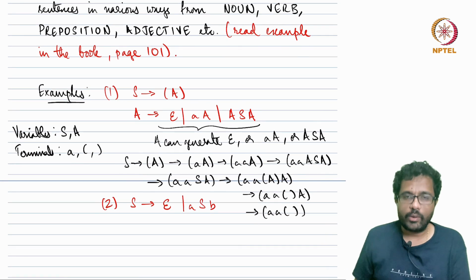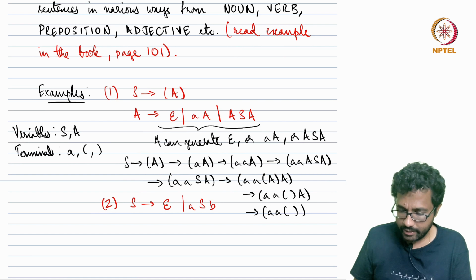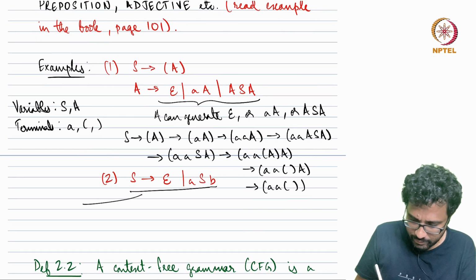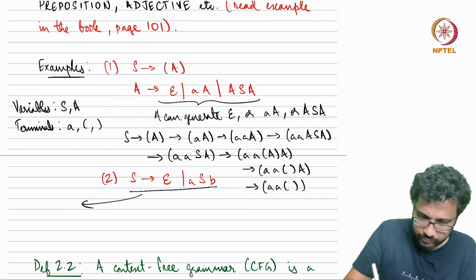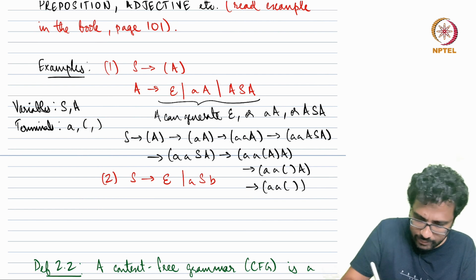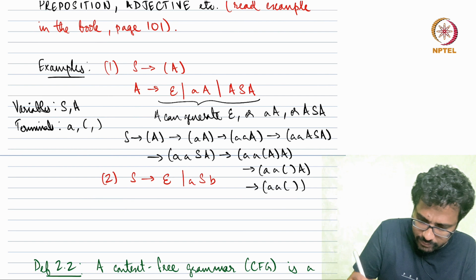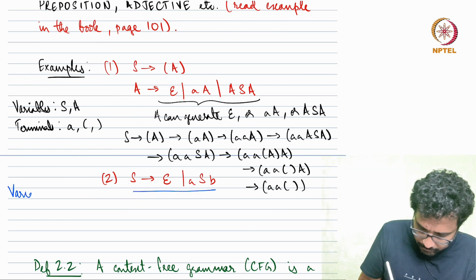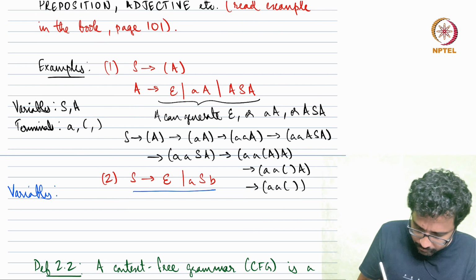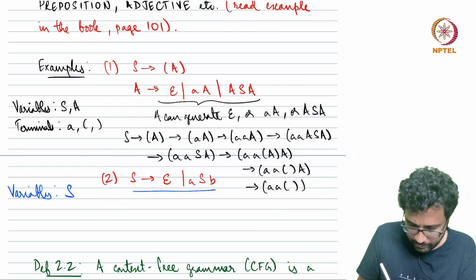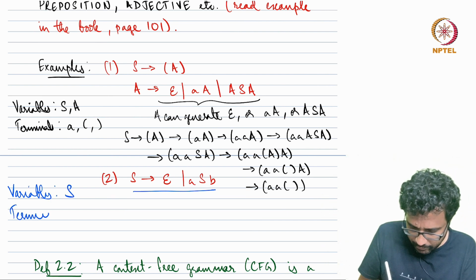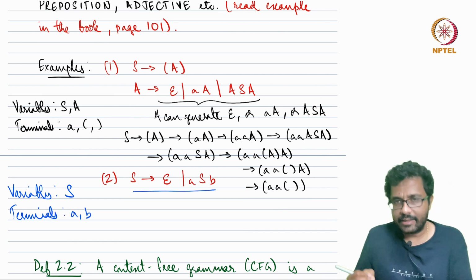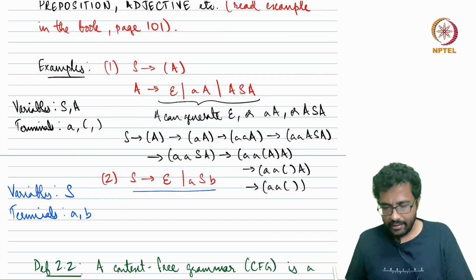So this is just one example of a language. Maybe I'll erase this and use a different color for this. Here there is only one variable S, and terminals are small a and small b. Empty string is just the empty string, it's not a terminal, right?